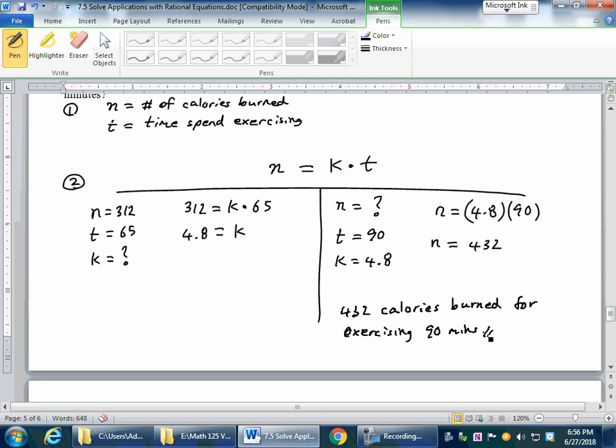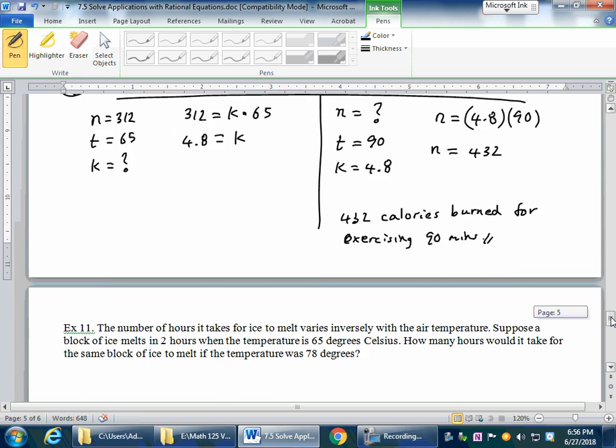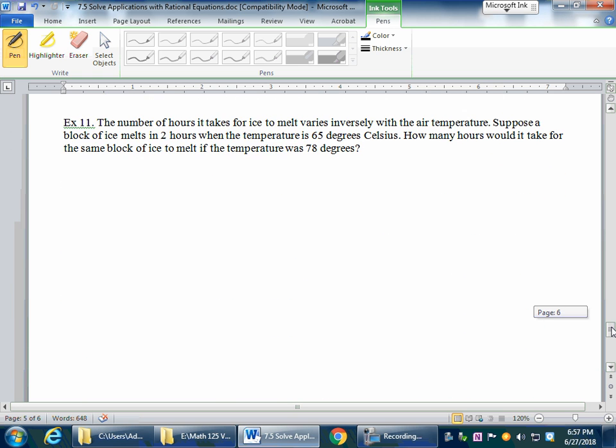So using this T chart will help you to nicely and neatly separate the two pieces of information. So let's try another one. The number of hours it takes for ice to melt varies inversely with the air temperature.